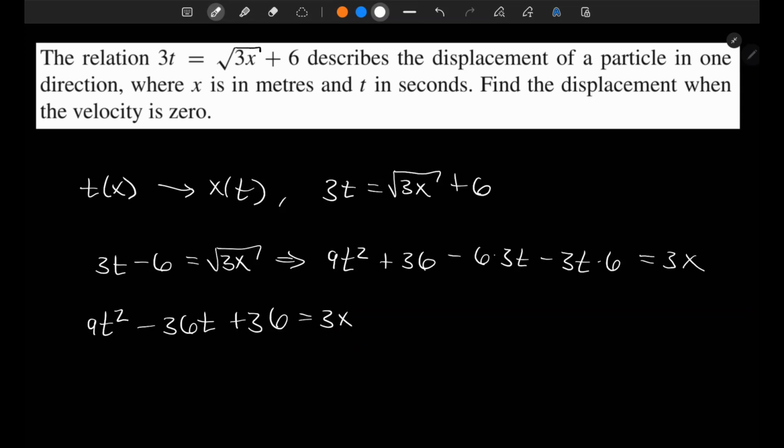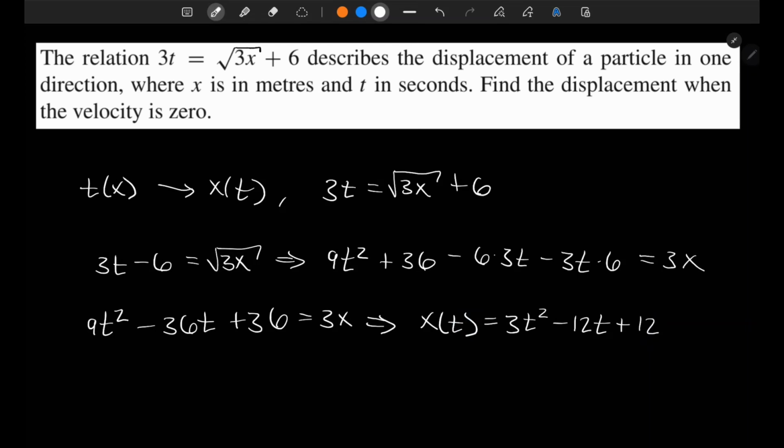Doing that, we find that x of t is equal to, well, 9 divided by 3 is 3, so 3t squared, minus 36 divided by 3 is 12t, plus 36 divided by 3 is 12, so plus 12. We now have the position as a function of time.